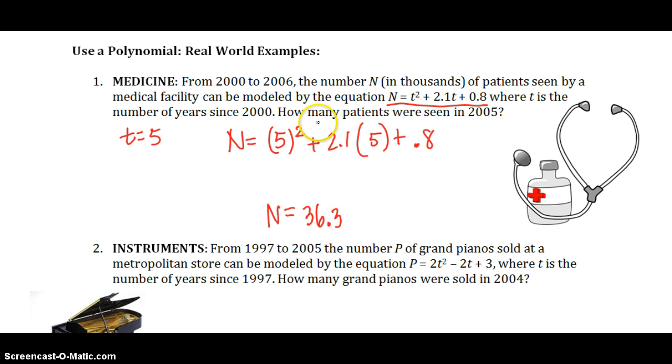But remember that n was in thousands, so we need to multiply times 1,000. And we actually have 36,300 patients. I'm going to let you try example 2. Again, they provide you the formula. You're just going to plug in how many years.